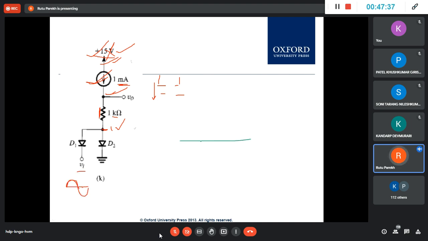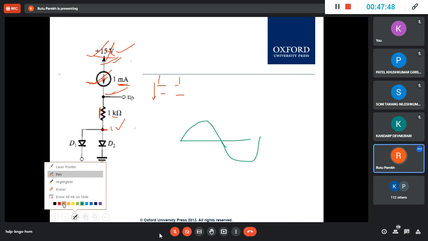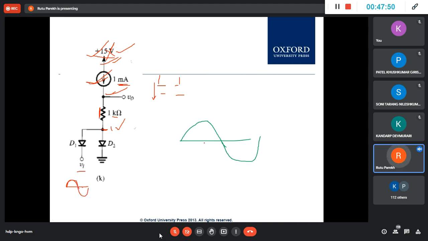Let me draw a bigger positive half and a negative half. So if you are asked in the exam and you have to draw, it is 1 volt. Now, it is 1 volt for all this positive half.